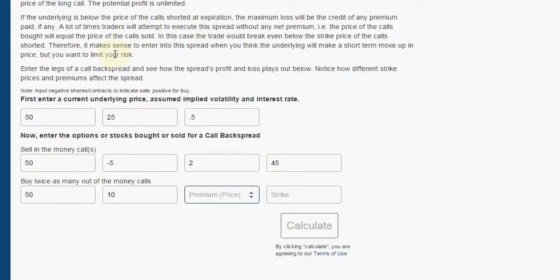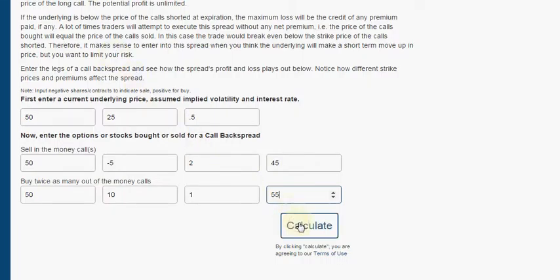And so an in the money call is worth more because you can buy that underlying at a lower price. If you want to learn more about calls and puts and that type of thing, just head on over to optionstrategies.info, and we have a lot of good information about that. But the short is that this is going to be a lower price, and it's an out of the money call.